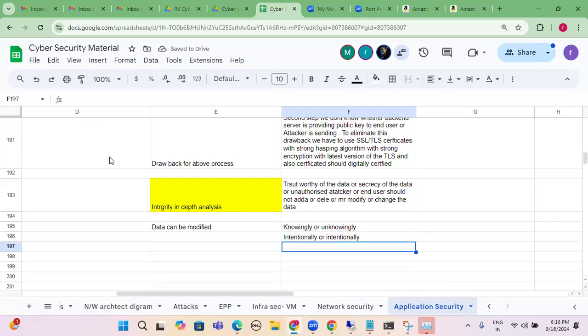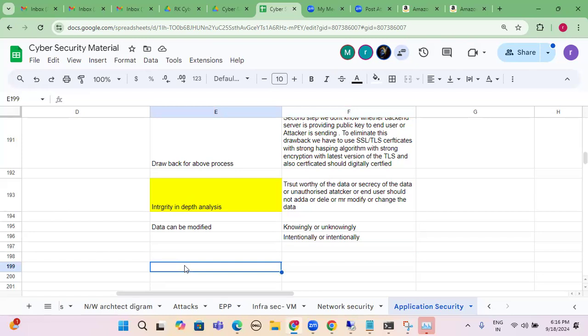Now, integrity depends on several parameters. So what are those parameters? Integrity is depending on several parameters.